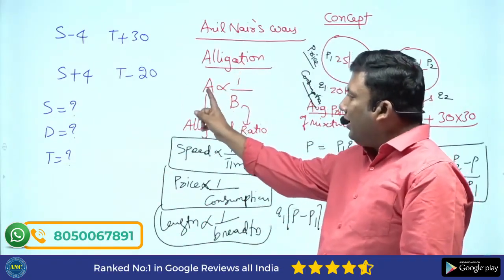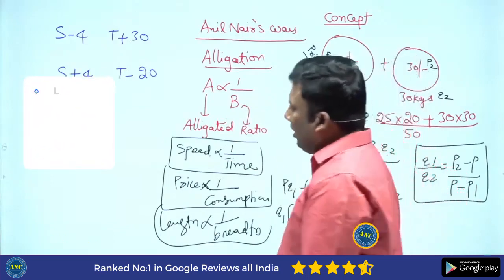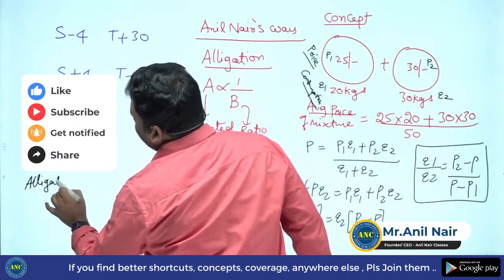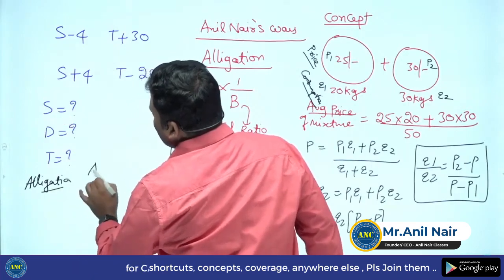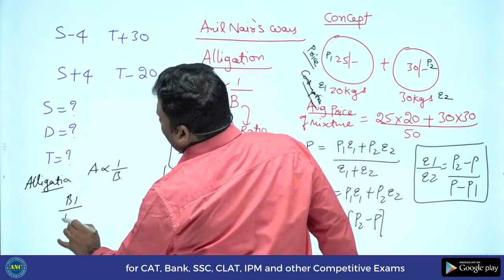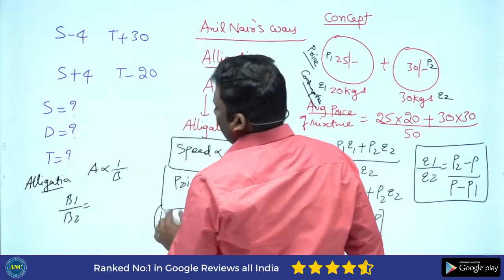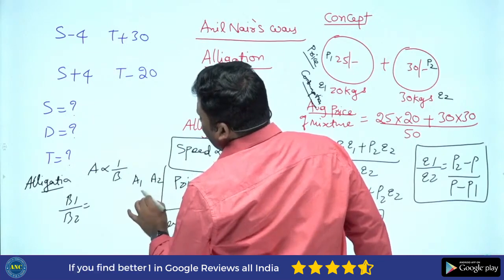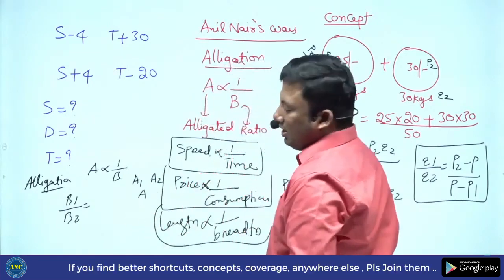What do we mean by alligation? Very easy. A is inversely proportional to B, and I want the ratio of B, B1 by B2. The lowest value of A is A1, the highest is A2, and the average is A. The average always lies between the lowest and the highest.